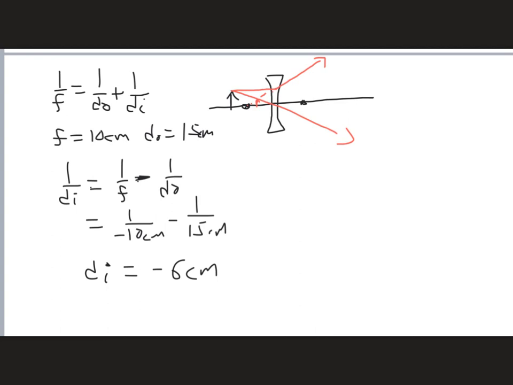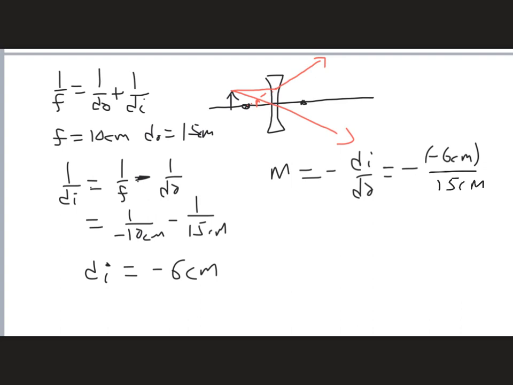We can also look at the magnification. We can see that the image is much smaller than the object. So if I use the formula, the magnification m is equal to minus di over do, and that's going to be minus the image distance, which is minus 6, over the object distance, 15.